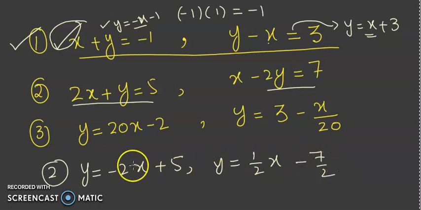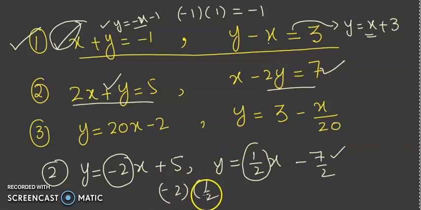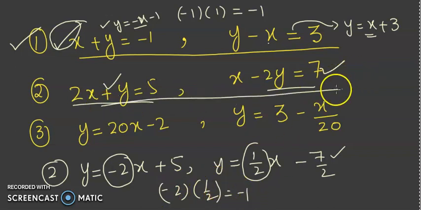So the slope of this line is going to be -2, and the slope of this line is 1 over 2. So -2 into 1 over 2 is going to be -1. So these lines are also perpendicular to each other. Let's put a plus over here for now.